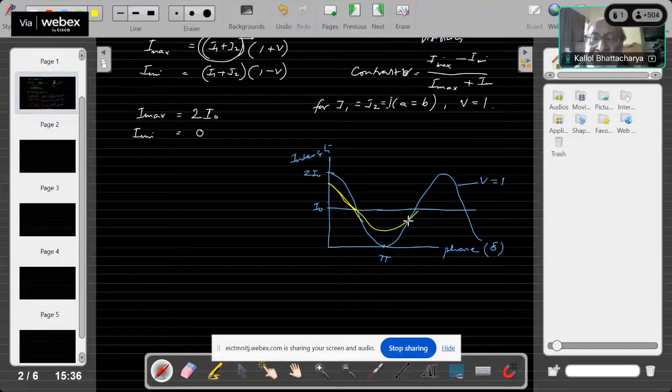It will go on like this. This is supposed to be a cos square curve, but my drawing is not great. If you decrease V further, the maximum and the minimum would come closer together. That is, in other words, the contrast of the fringes is decreasing.